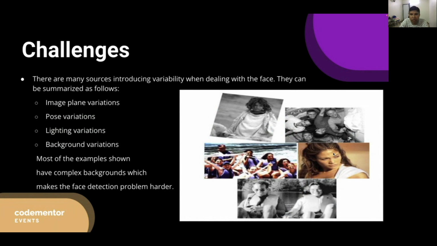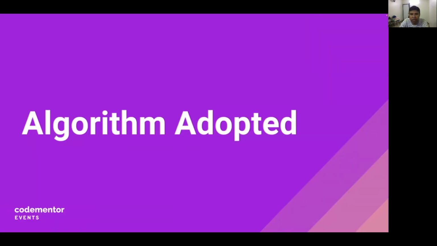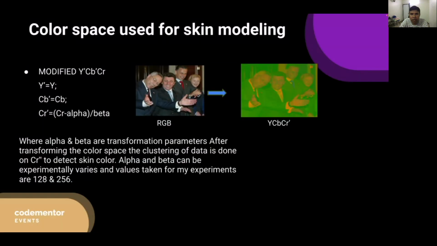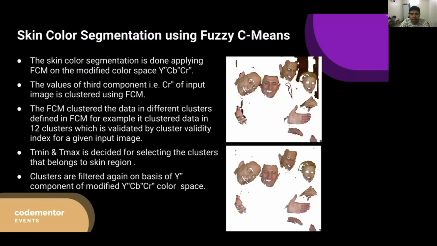So these dark images also, if you process them and do the skin color segmentation using the modified CbCr, the dark skin pixels also come into the picture, and that gets created into a cluster. So why are we using fuzzy C means clustering here?